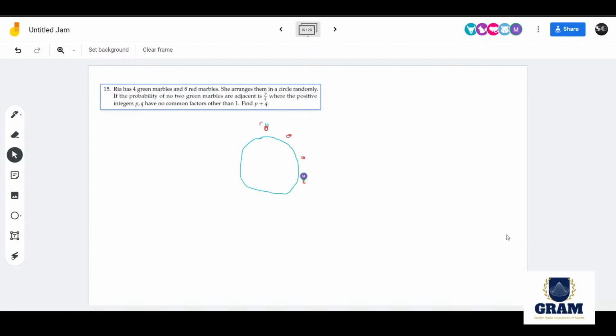I just draw 8 marbles here and then I'll just put the other 4 in the gaps. And obviously the same colored marbles are identical, so it makes our work easier.